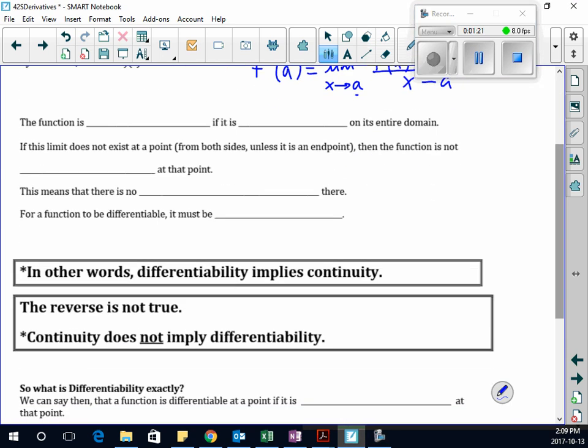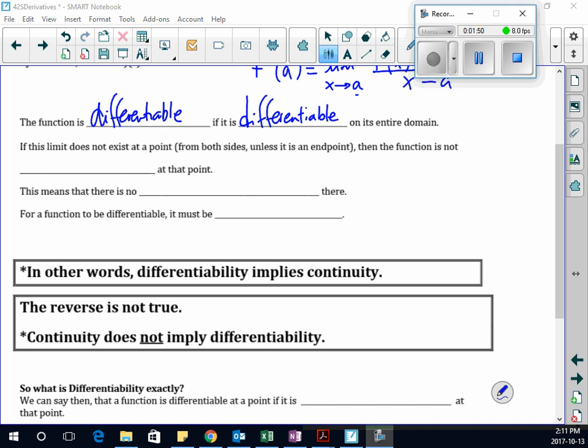Okay, a function is differentiable if it is differentiable on its entire domain.